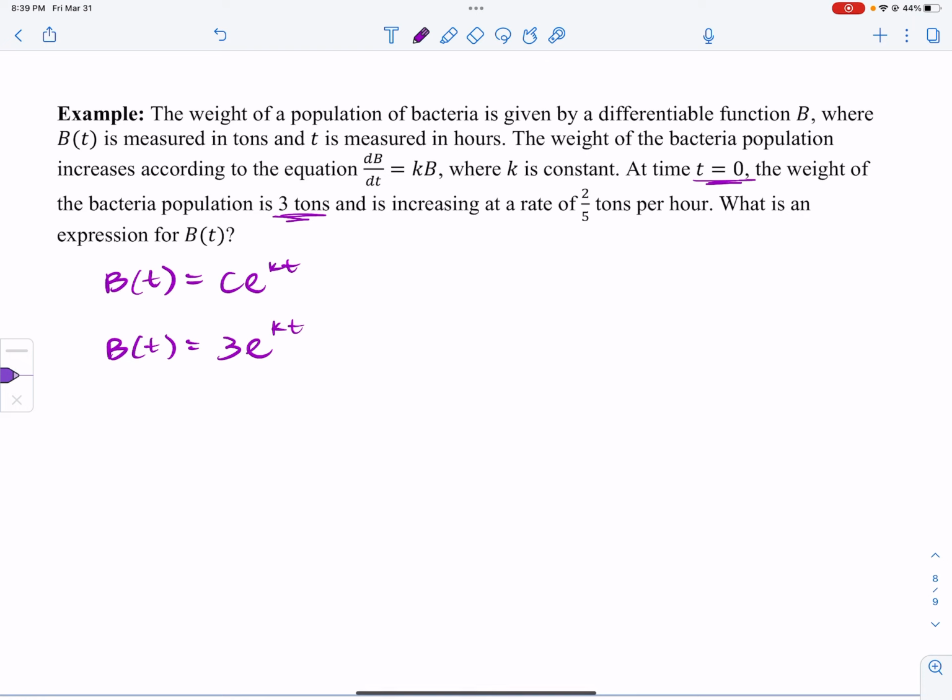Okay, and we can solve for what K is based on the fact that when T is equal to 0, so when B is equal to 3 tons, the weight is increasing at a rate of 2/5 tons per hour. So we can go back to a rate of change equation here, and we can solve for K. We can replace dB over dt with 2/5. And then at that same time, the population is 3 tons.